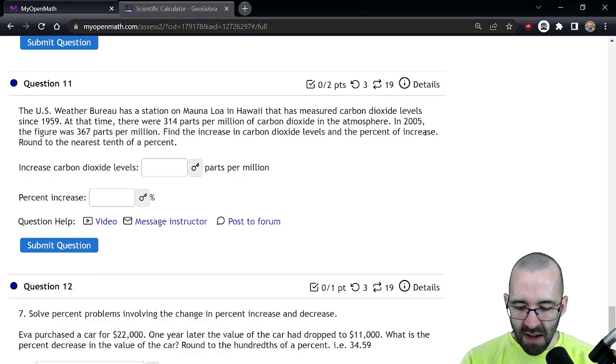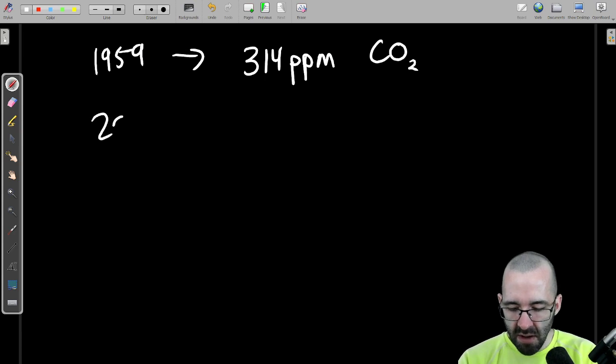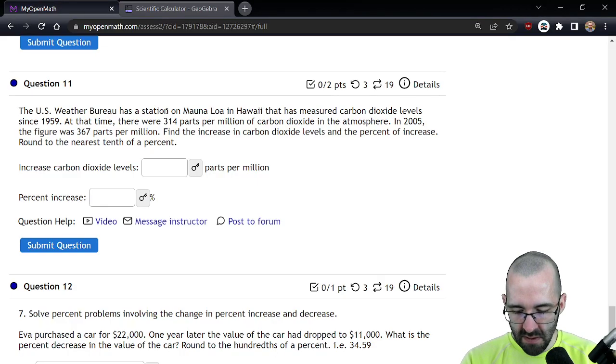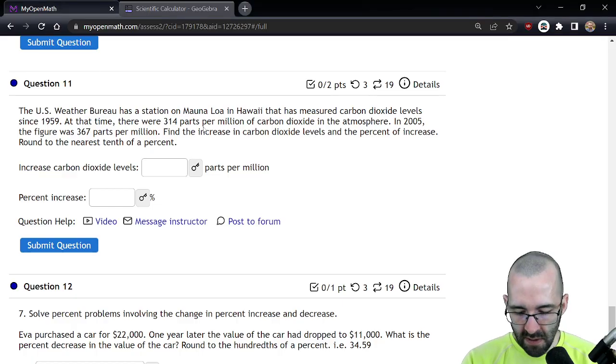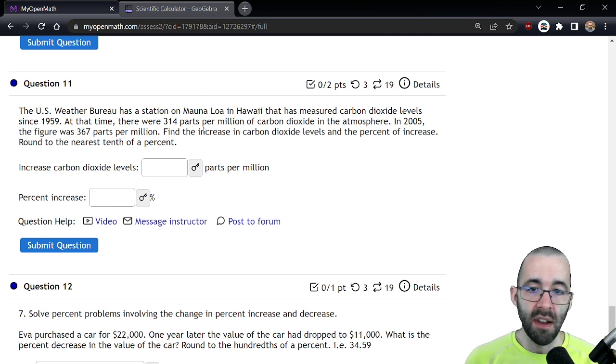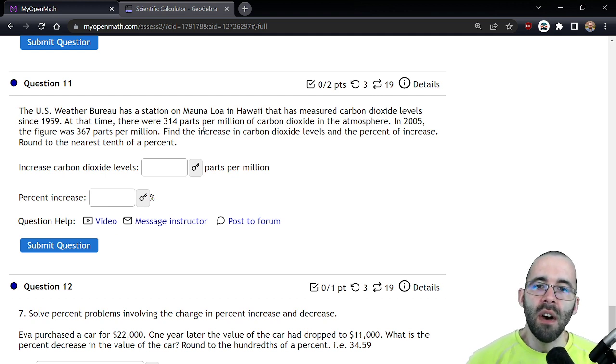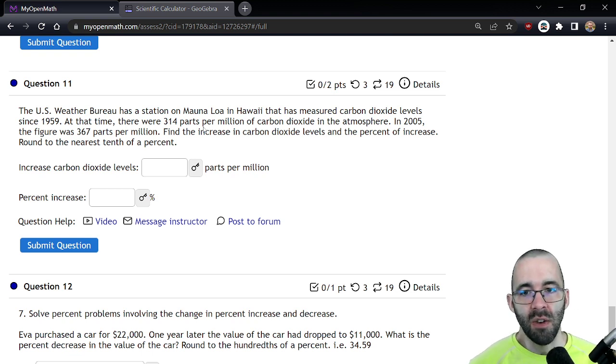In 2005, 367 parts per million of CO2. You can also underline things. Find the increase in carbon dioxide levels and the percent of increase. Round to the nearest tenth of a percent.